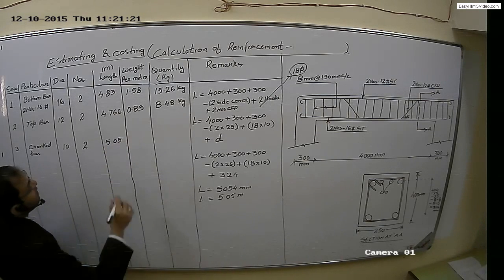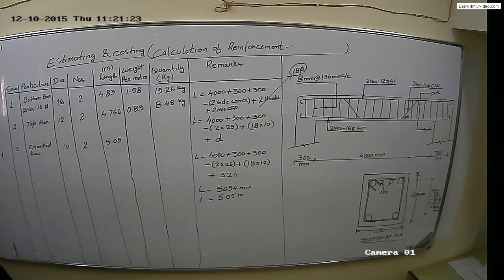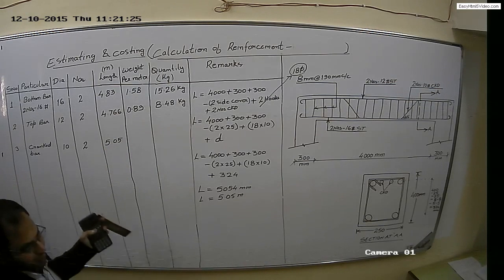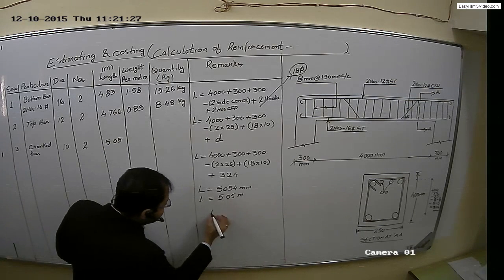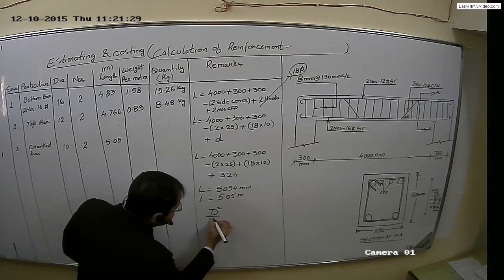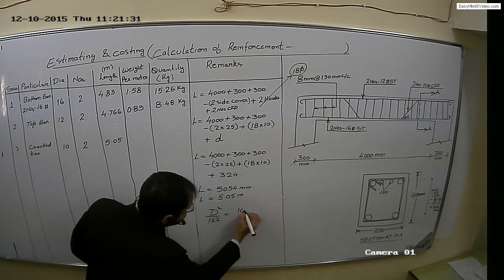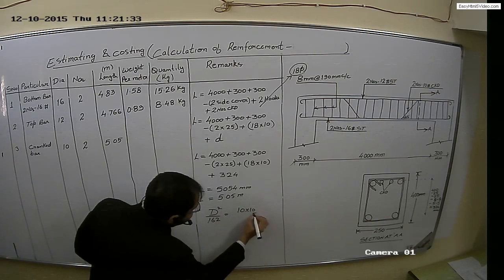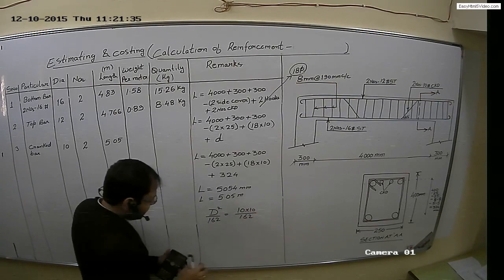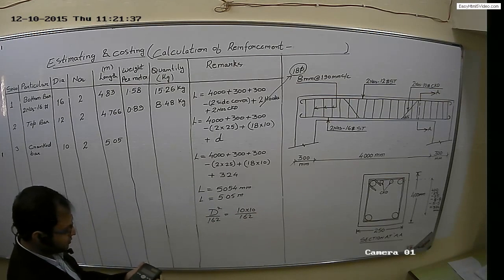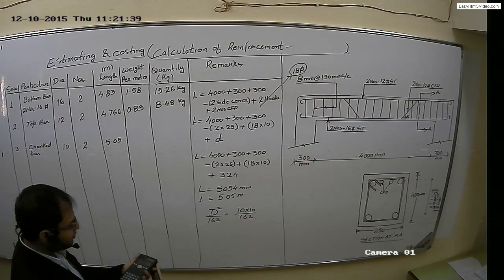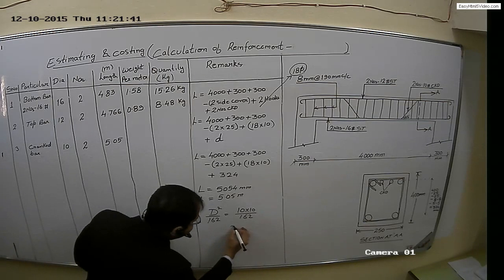So the length of the cranked bar with 2 number cranks will be 5.05. Correct? The weight per meter for this 10 mm dia can be calculated by the same formula, which is d square by 162, means 10 into 10 divided by 162. It comes out to be 0.617.